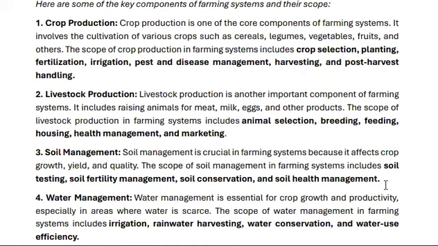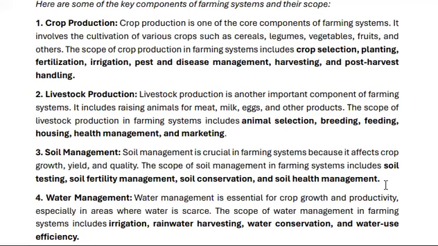we have here the key components of farming systems and their scope. Una, we have crop production. So crop production is one of the core components of farming systems. And crop production involves the production of various crops like cereals, mga legumes natin.